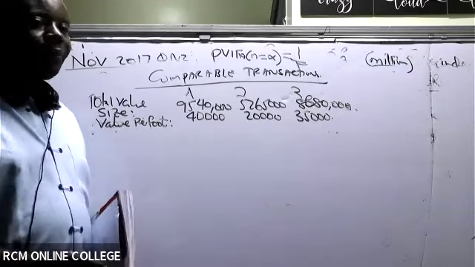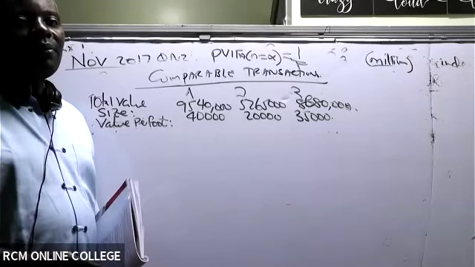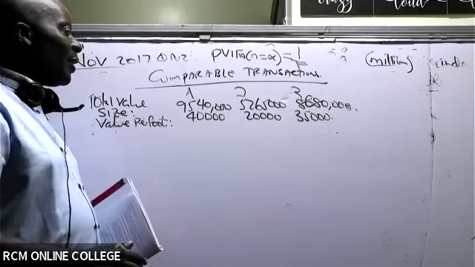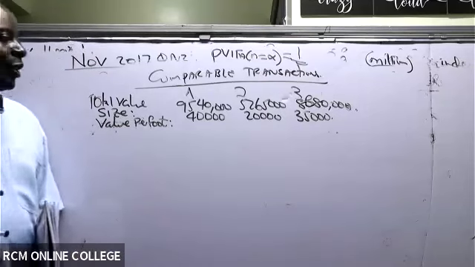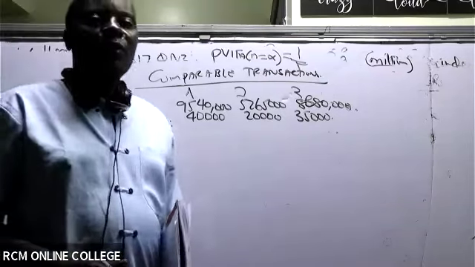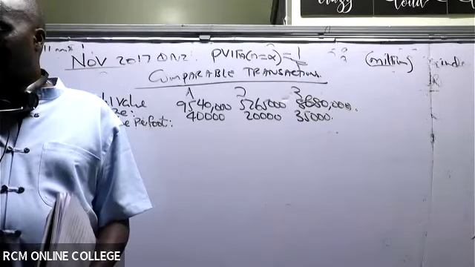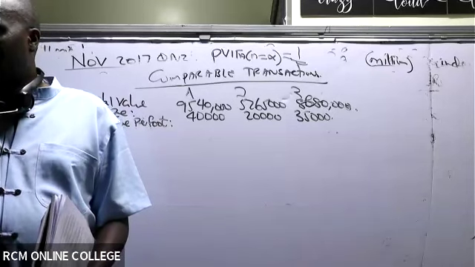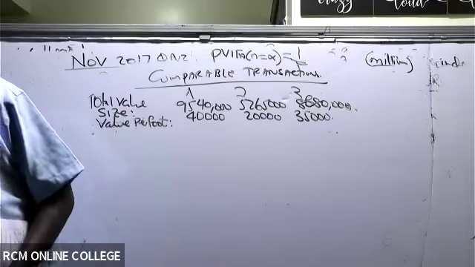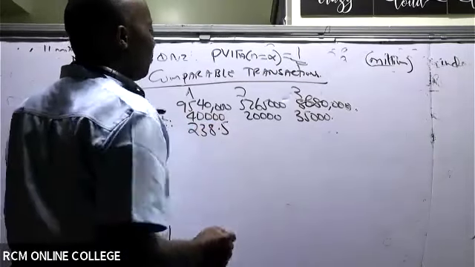So 40,000 divided by 40,000, what figure are we getting here? So this is 238.5.